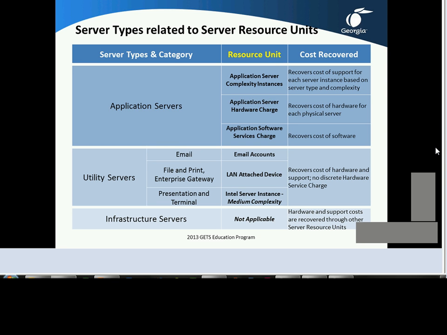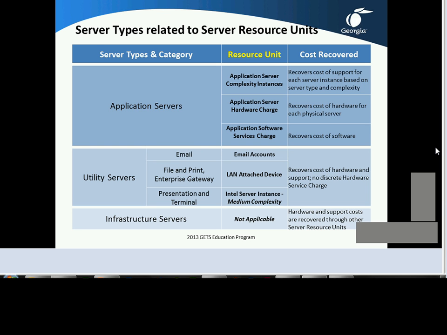So let's look at the server types and how they're related to the server resource unit. If you've ever looked at a GETS bill, there are server complexity instances listed on there. There's application server hardware charges, application server software charges. All of these pertain to application servers. And then under the server tower, you also have email accounts, LAN attached devices, and like I mentioned before, server instances.